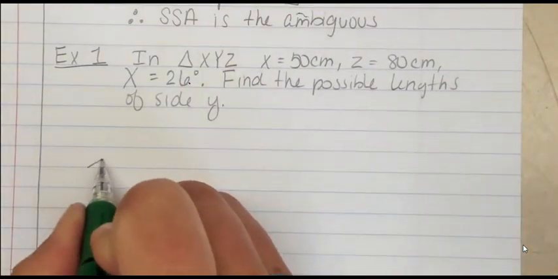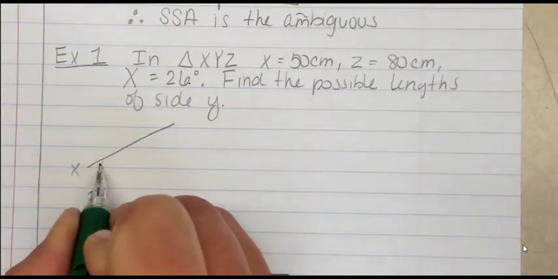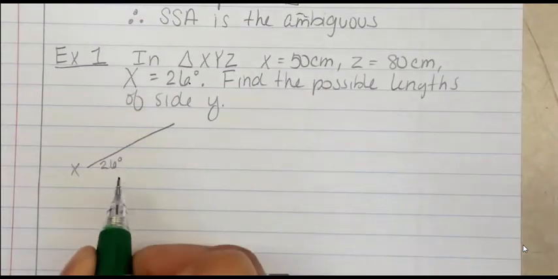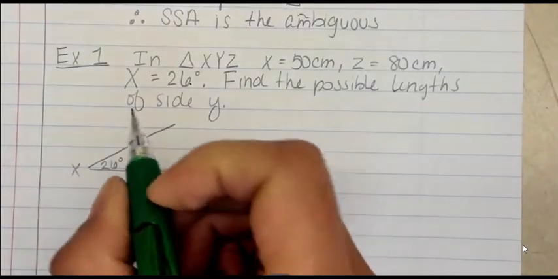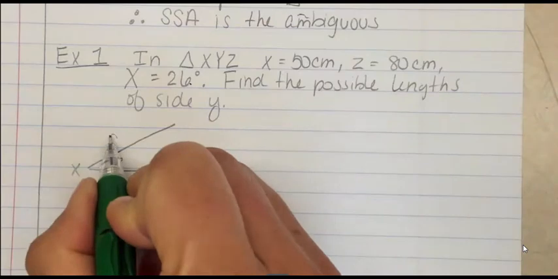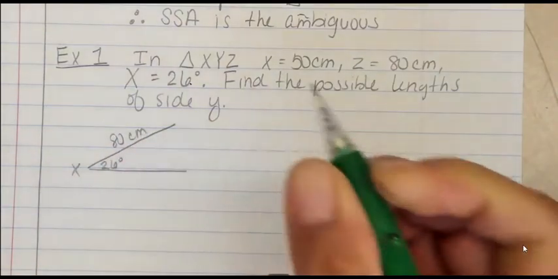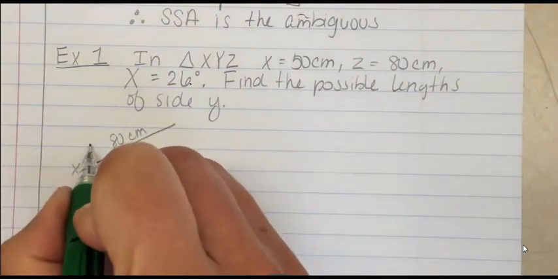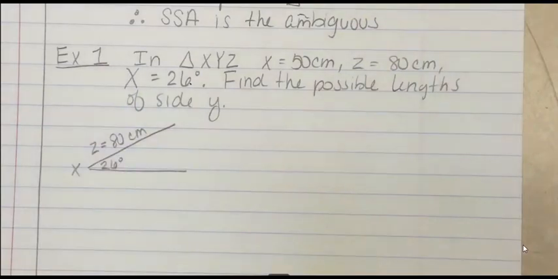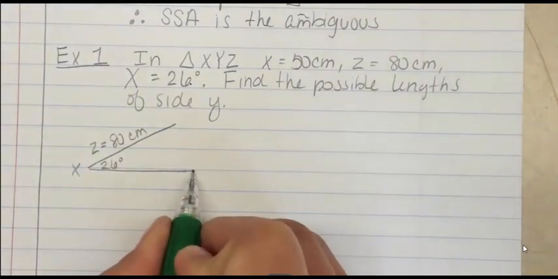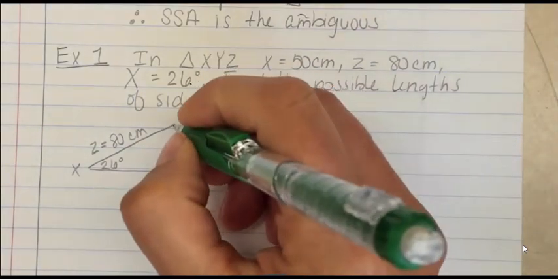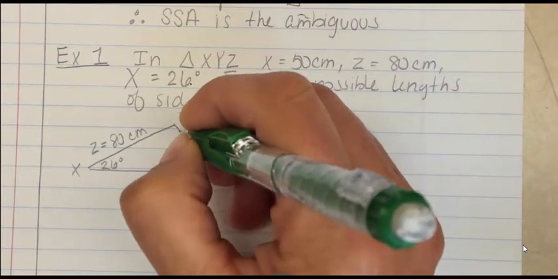So I know angle X is 26 degrees. I know that this side here is 80 centimeters, which was side Z. And I know that my other side is going to be 50 centimeters.